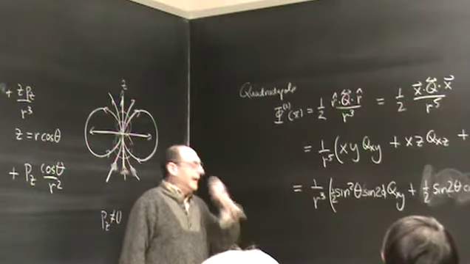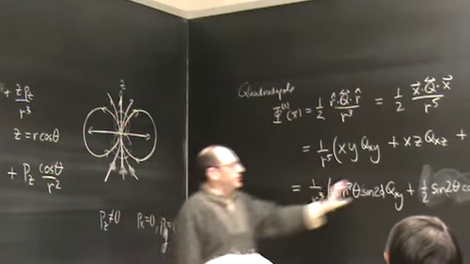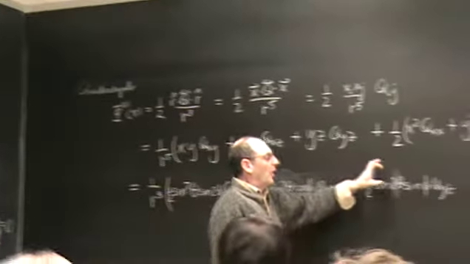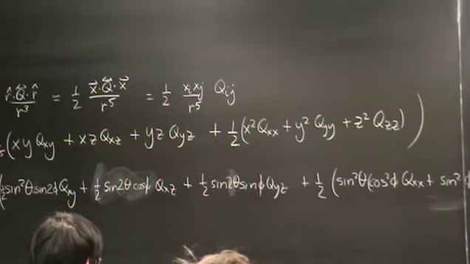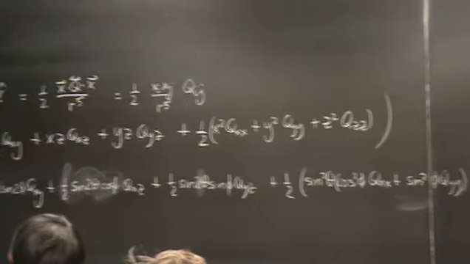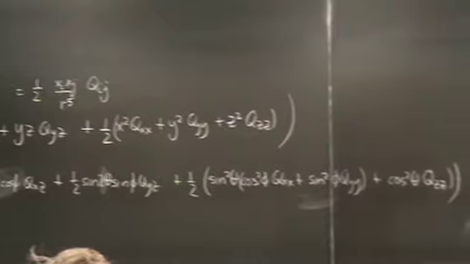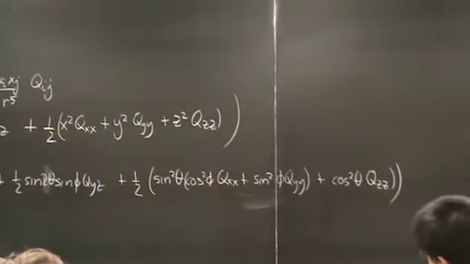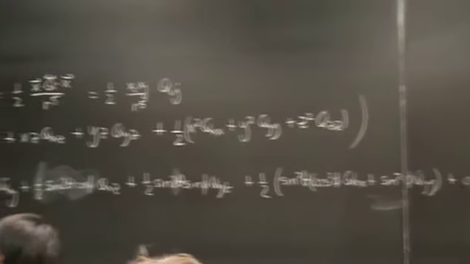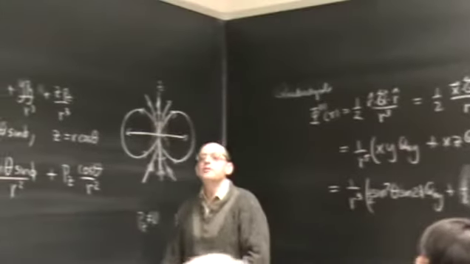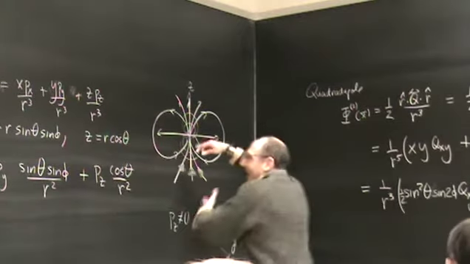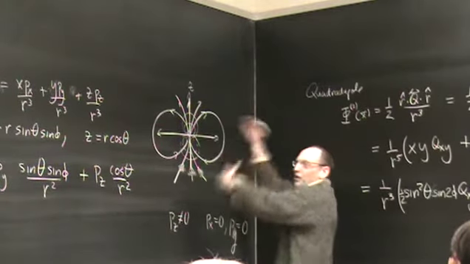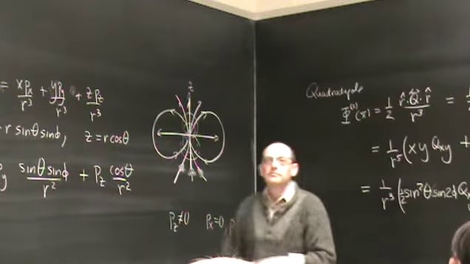We'll get a little bit more intuition about this stuff. But the point is that each component of the quadrupole tensor has a characteristic shape associated with it. In the same way that the electric dipole, in this case we did it on the z direction, had a characteristic shape. There's a characteristic field and a characteristic set of equipotentials associated with that dipole component. And of course, the x and the z are just exactly the same, just rotated by 90 degrees.